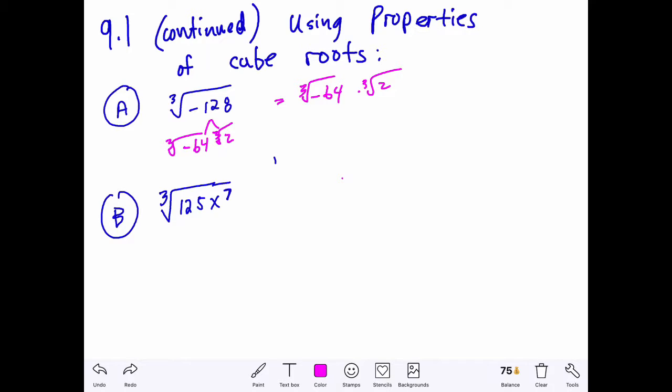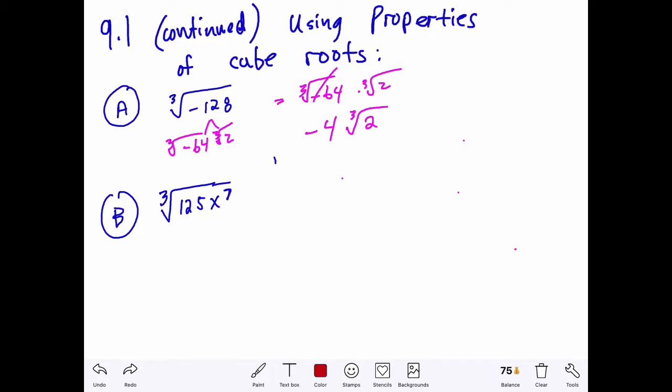Well, what is the cube root of negative 64? In other words, what number multiplied by itself 3 times gets to negative 64? Well, that's negative 4. So negative 4 escapes from that radical, and that's gone. And what's left is the cube root of 2. So it'd be negative 4 times the cube root of 2 would be our answer.